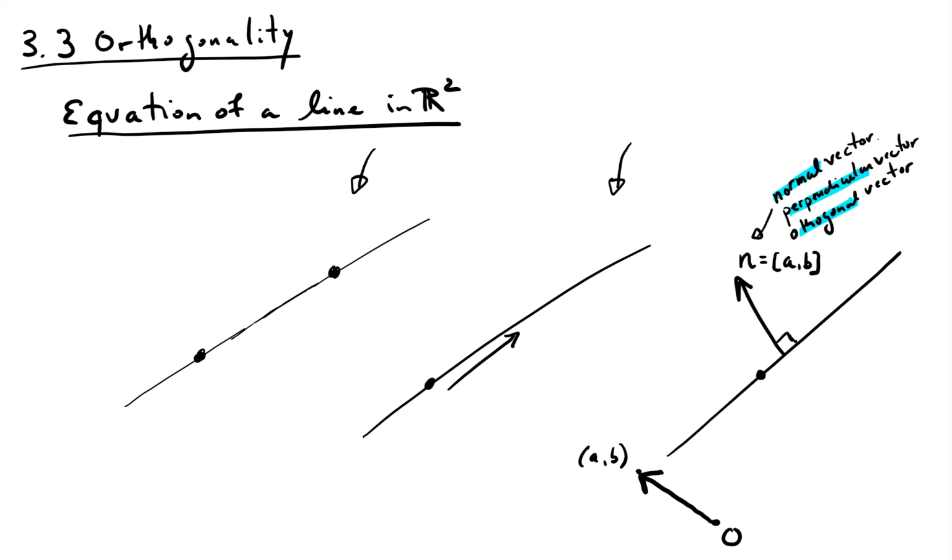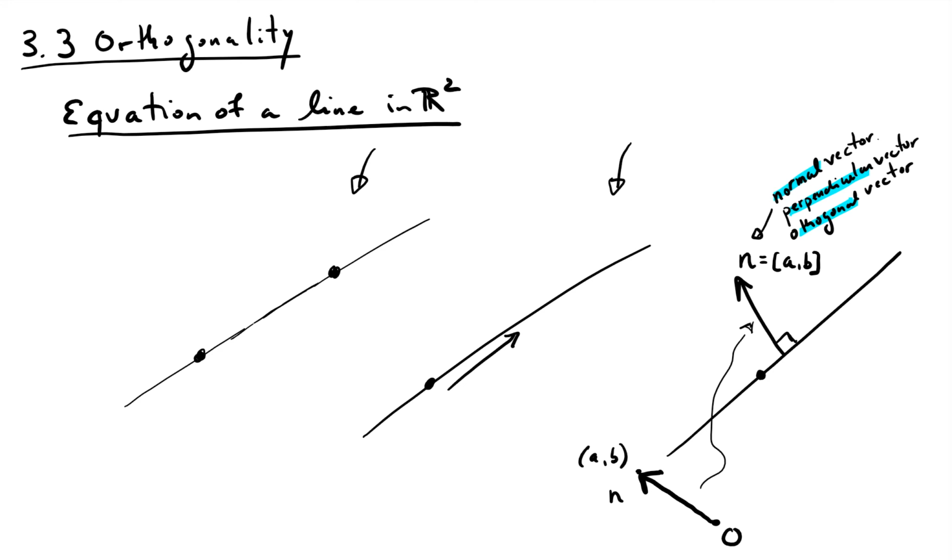But if I translate that vector in space, I could put it here. So when I say n is equal to (a, b), that means it's associated to a point (a, b), such that the vector connecting the origin to that point forms the vector n.